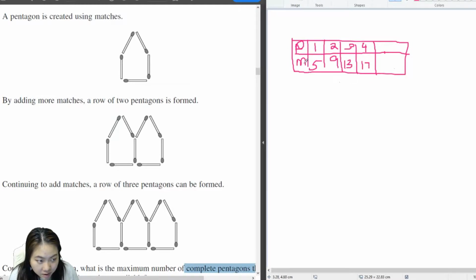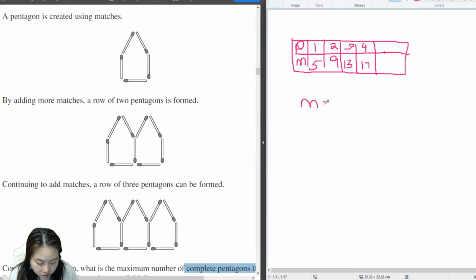We now need to figure out what is the equation that would link P and M. The equation would be, if I just quickly have a look at this, 2 times 4 plus 1, 1 times 4 plus 1, 3 times 4 plus 1, 4 times 4 plus 1.